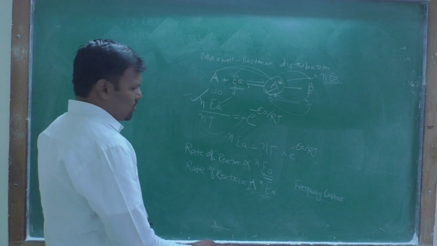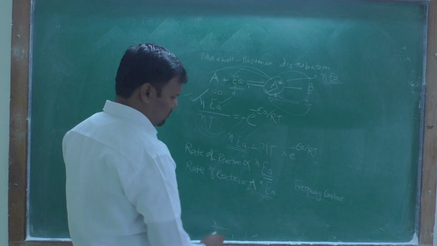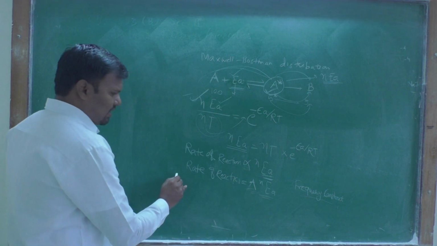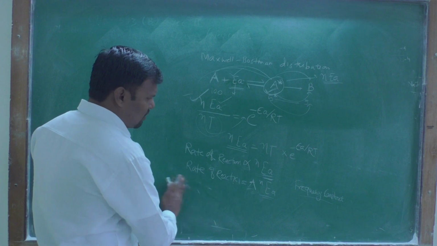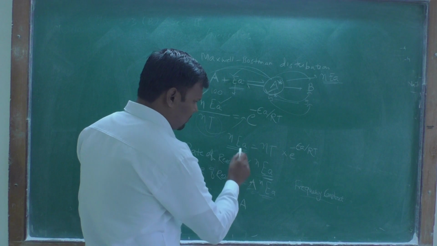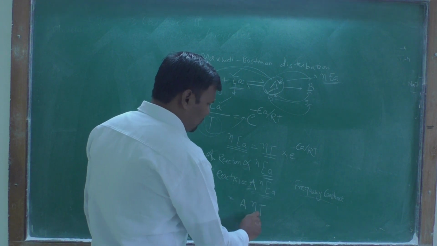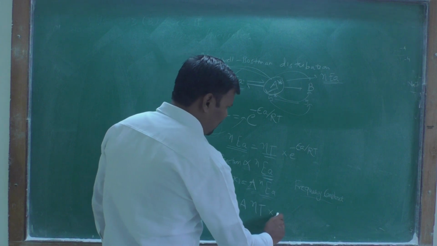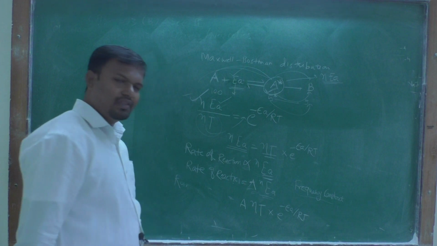Now substitute these values in this equation. The rate of reaction is equal to A into N_T into e raised to minus Ea upon RT.